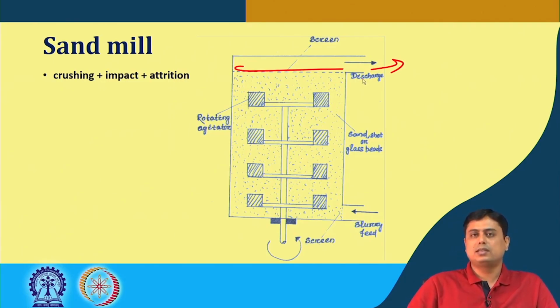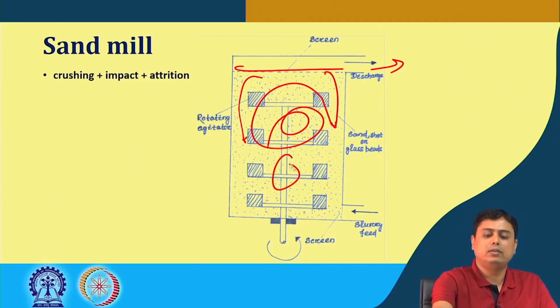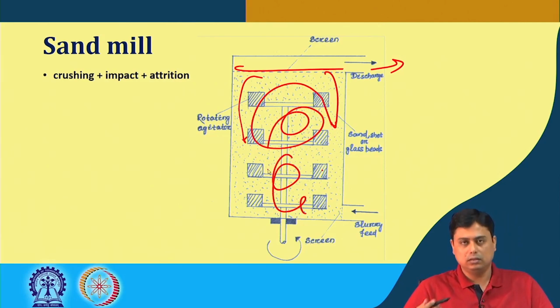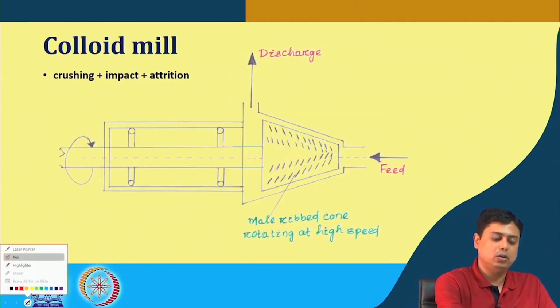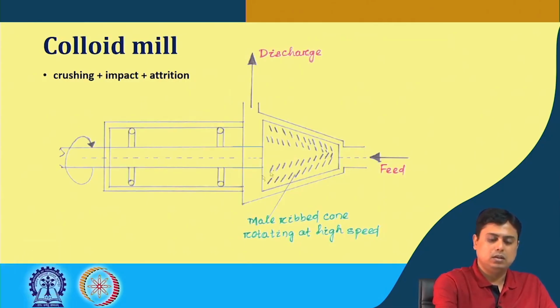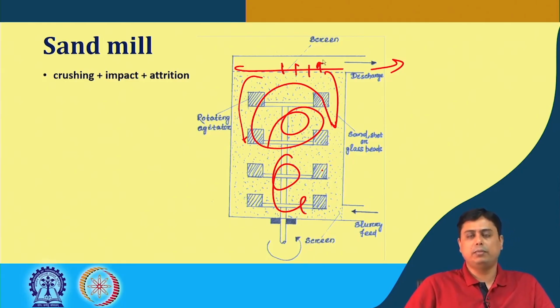So, which means the sizes that are greater than this screen size of the outlet will be retained in the bed and will have their crushing operation or the grinding by these mechanisms again and again, until it reaches that fine enough value or equivalent to this screen size, so that it can escape from the bed.